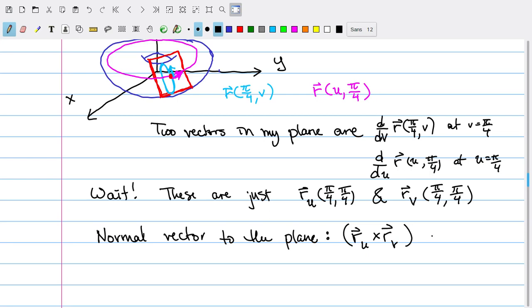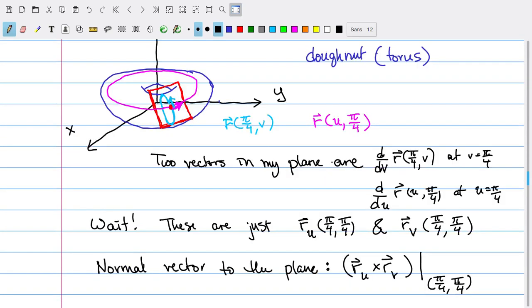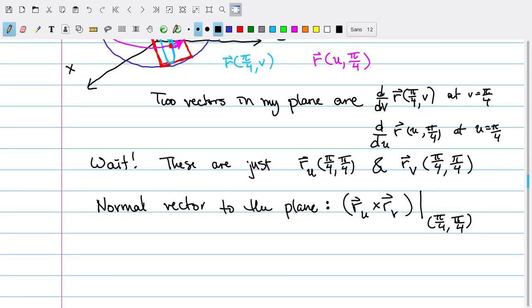And I'm just going to evaluate that at the point pi over 4, pi over 4. And that'll give me a normal vector to the plane at the particular point. So once I have a normal vector, plus I have a point on the plane, which of course is the point that I started out with, I can easily write down the plane equation. That's something that we've done many times. But let's go ahead and give it a shot here.